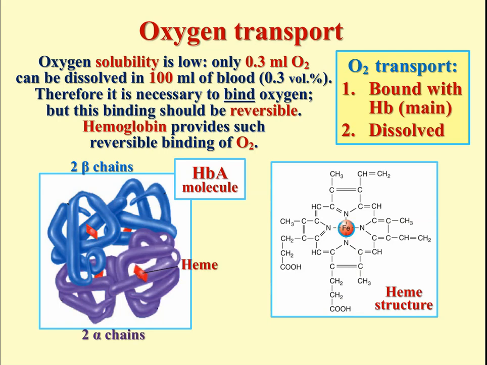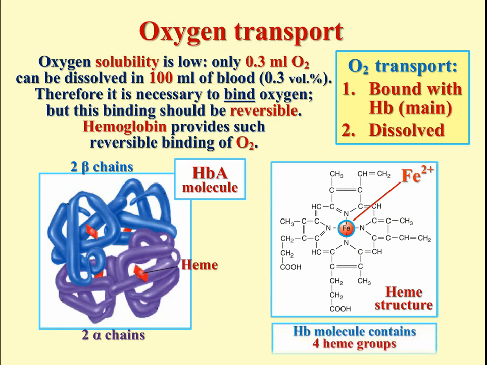And binding occurs exactly in the area where we have an atom of iron. Iron is 2+ valency and does not become changed by binding of oxygen. It remains 2+, not 3+, normally. Therefore, with 4 hemes, each hemoglobin molecule can bind 4 oxygen molecules.